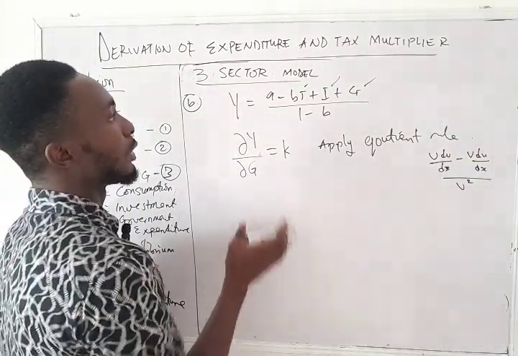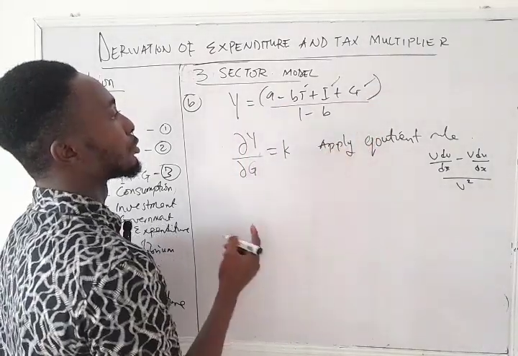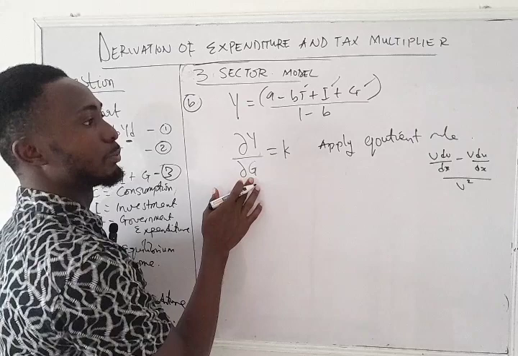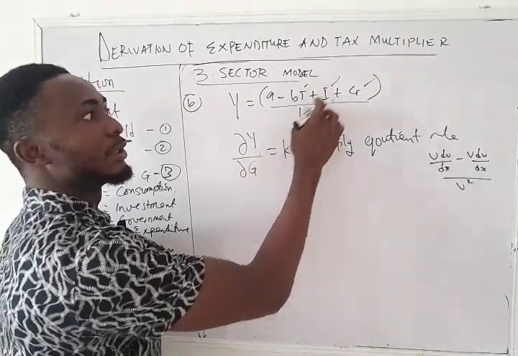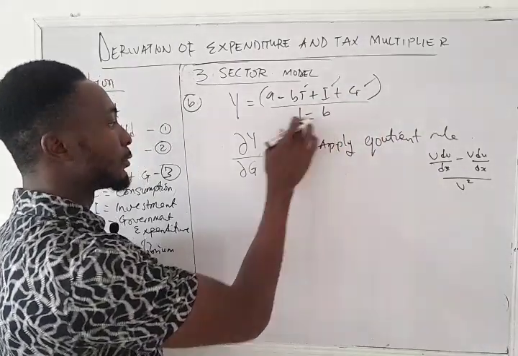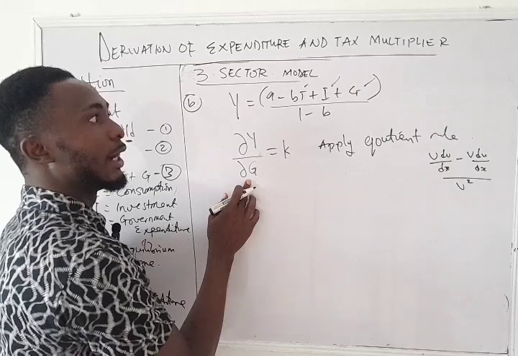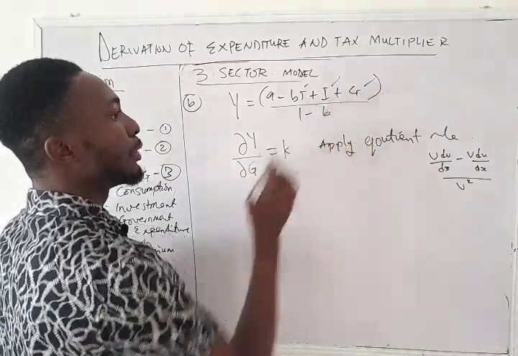We differentiate the numerator with respect to government expenditure and multiply that by the denominator. Then minus, we differentiate the denominator with respect to G and multiply it by the numerator.